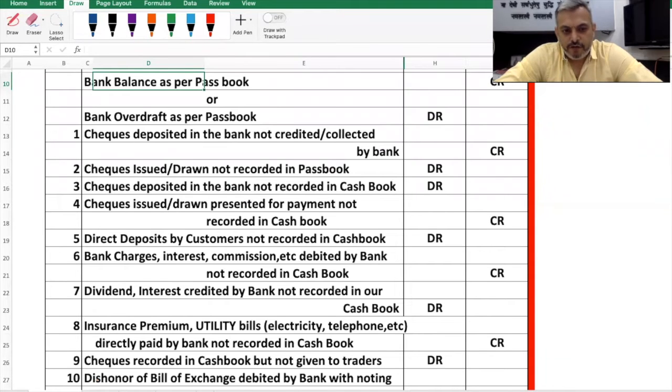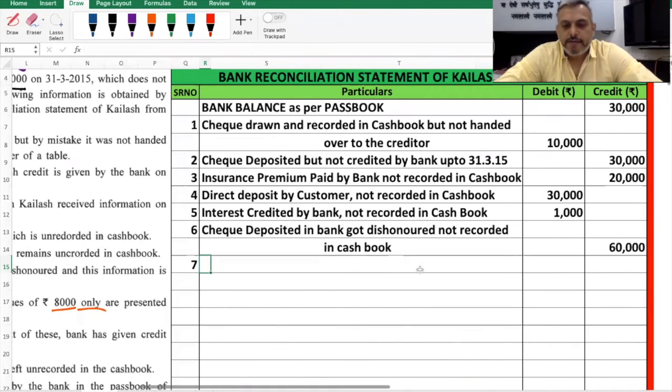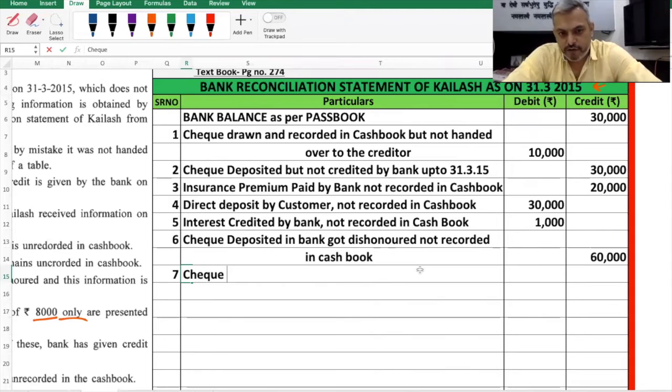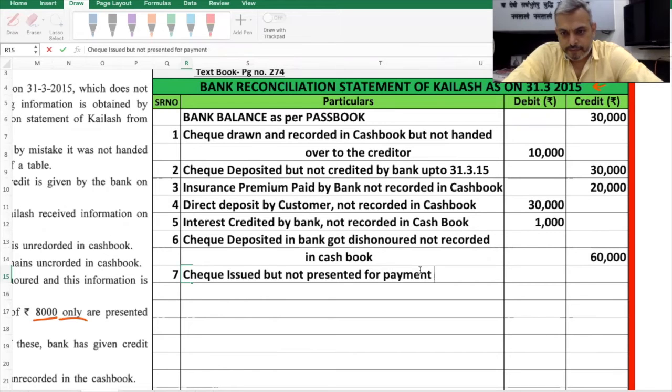You have issued 10,000 worth of check, but how much is not yet presented? 2,000 is not yet presented for payment. So check issued but not presented for payment, 2,000 on the debit side.